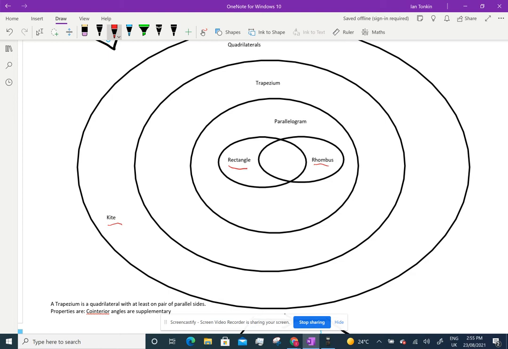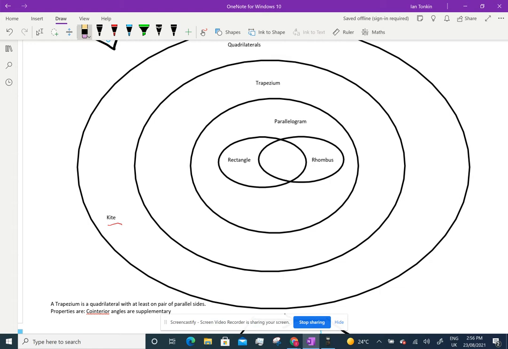Yes, you would, because a parallelogram is a trapezium. It's just a trapezium with some extra things. If I said draw a trapezium and you drew a rectangle, would you be right? Yes, because a rectangle is a parallelogram, which is a trapezium, and the same for a rhombus.